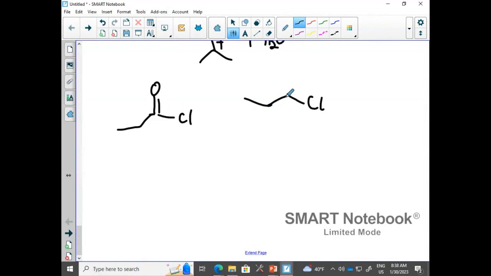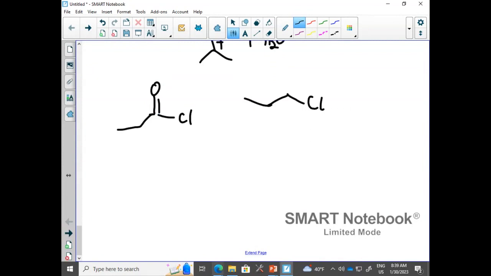The reason is that on this carbon you have a much greater share of positive charge. Here the positive charge comes mostly from the electron withdrawing power of a single chlorine atom. But in the acyl chloride, the positive charge comes from the electron withdrawing power of chlorine and of the even more electronegative oxygen, which is double bonded. So this makes the carbon extremely electrophilic.